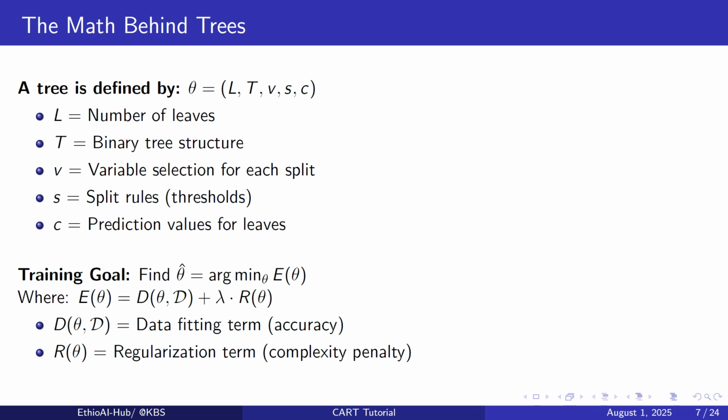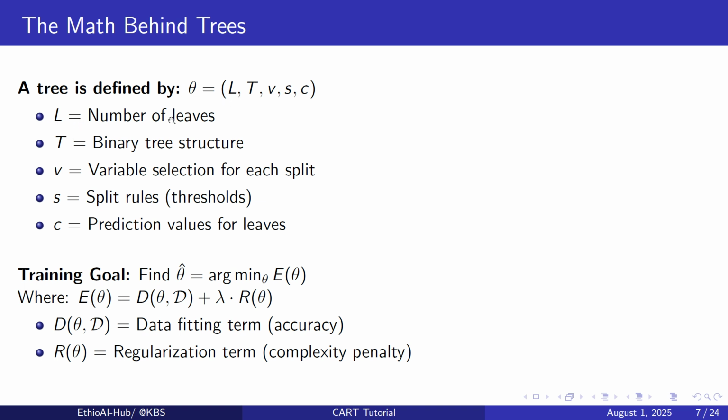Based on the decision tree, this is a very simple example, and coming to the maths behind it, it's also very simple and straightforward. In the decision tree case, a tree is defined by this parameter theta and its measurements or parameters. Theta is the tree.